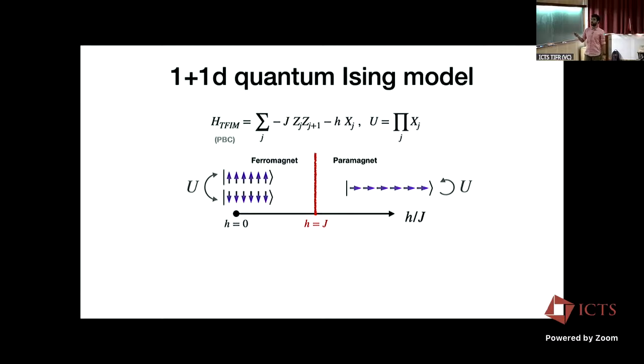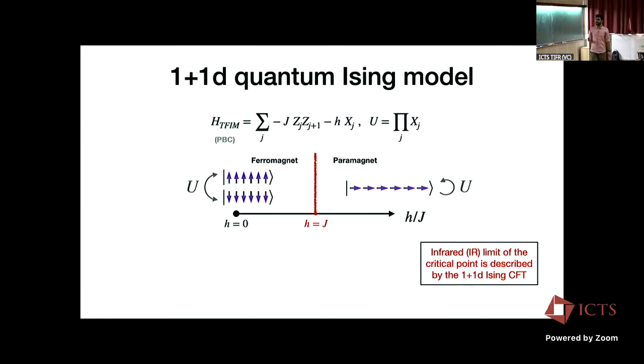There's an invertible symmetry, which is the product of Pauli X on every site, and that is spontaneously broken for small h. And the infrared CFT is the well-known Ising CFT.